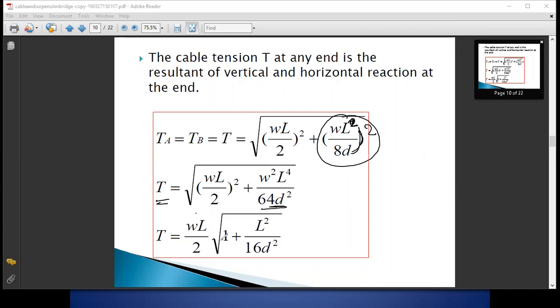So WL by 2 taken common. So T is equal to WL by 2 square root of 1 plus L square, L is the span, divided by 16 times D square.